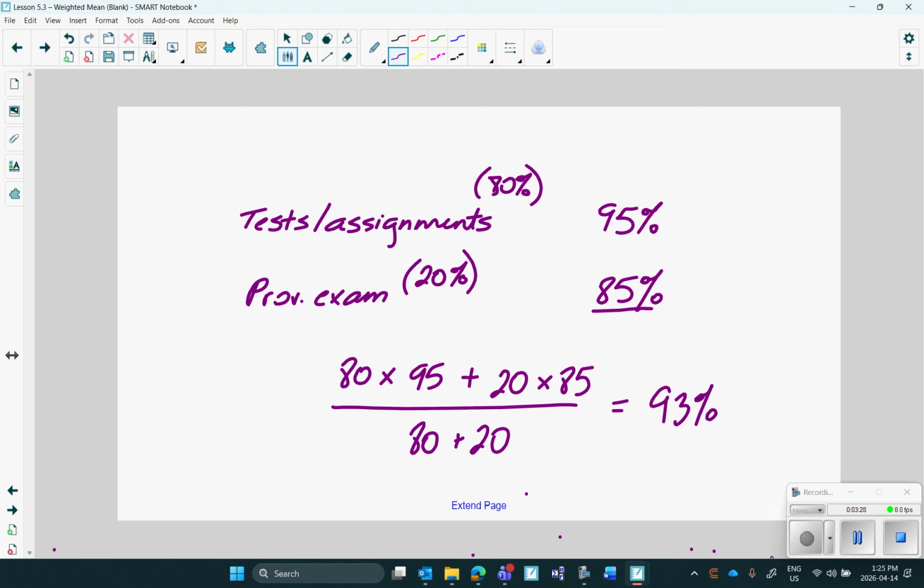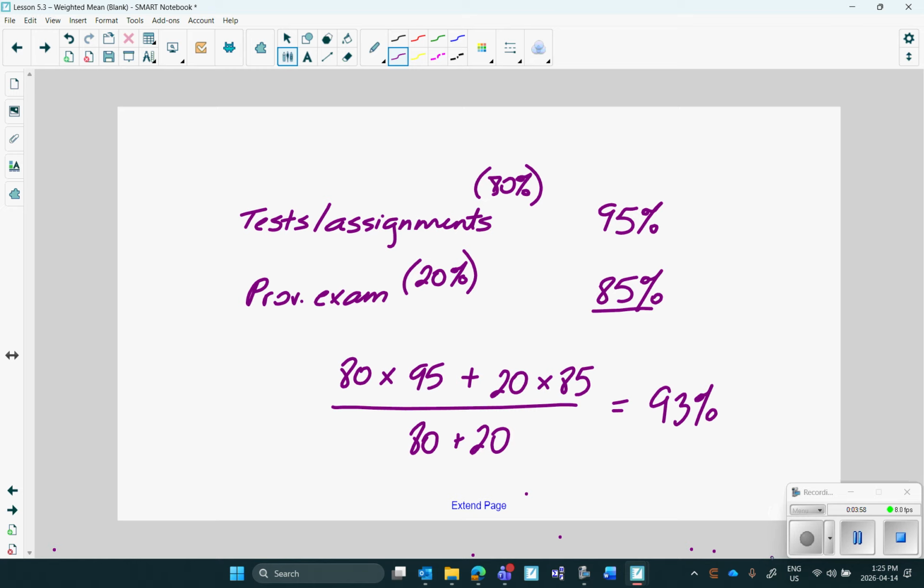Which makes sense because the part that you scored higher on is worth more in the course. So your mark should be higher than just the average. This is something called weighted mean. We don't just add up the numbers and divide by how many there are. We have to multiply by how much they're worth, and then divide by the total worth.